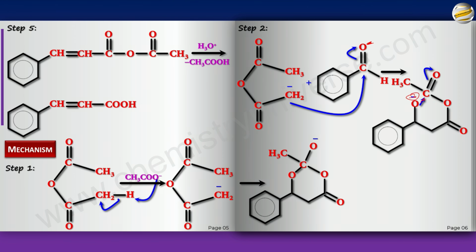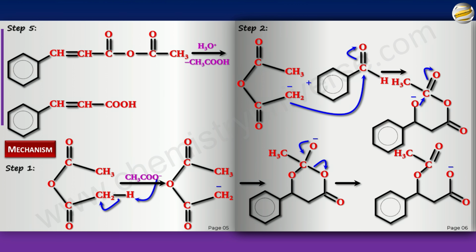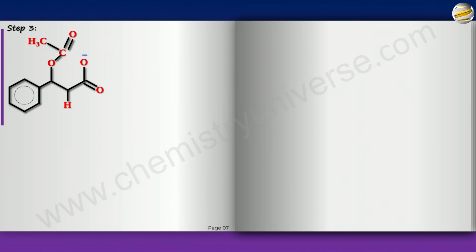It attacked the C. And the reason it is able to form this intermediate is because it's a 6-membered ring, easy to form, stable also. Then what happens is the O minus comes back and this leaves and you get this. Okay? And then in the next step, I'm just making the product of the previous step, but I'm only showing the H separately now.